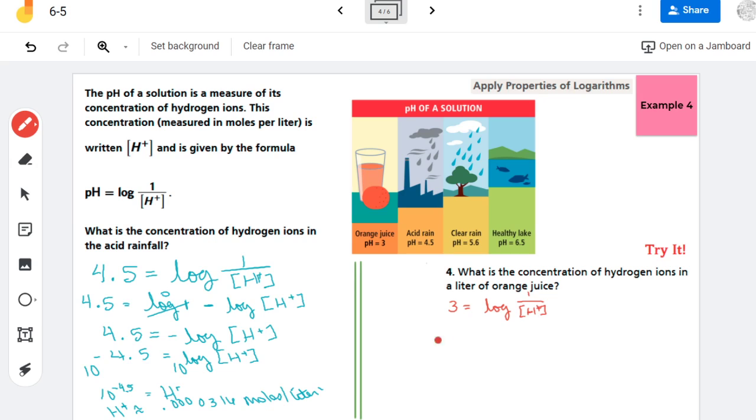Alright, then I'm going to split apart my logarithm. So I get the log of 1 minus the log of H+. Now the log of 1 is 0, so that cancels out. So I get 3 equals the negative log of H+. I divide my negative over.